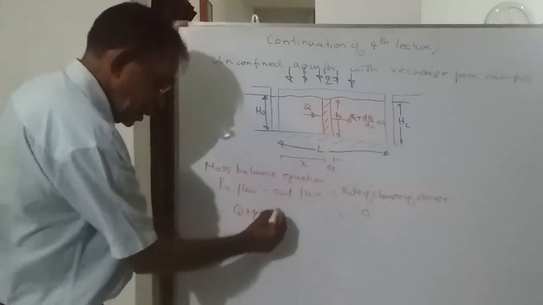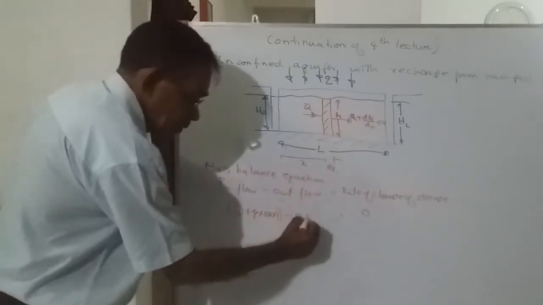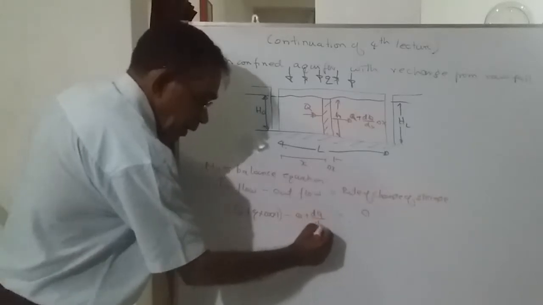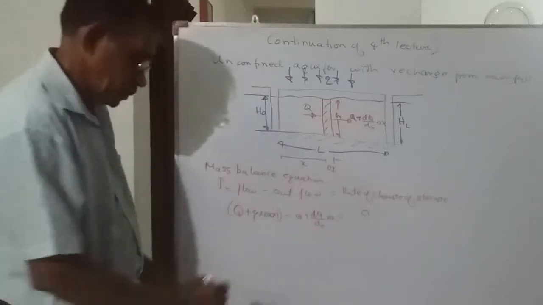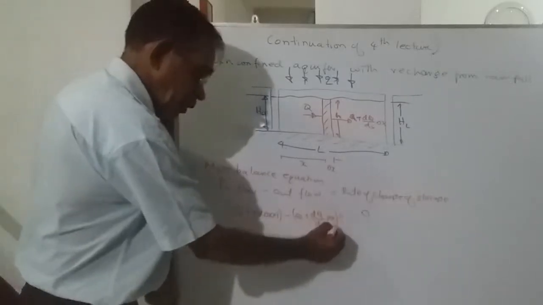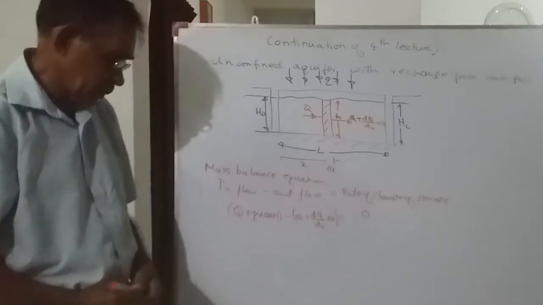Outflow is Q plus dQ/dx delta x. Under steady state conditions, inflow minus outflow is 0.